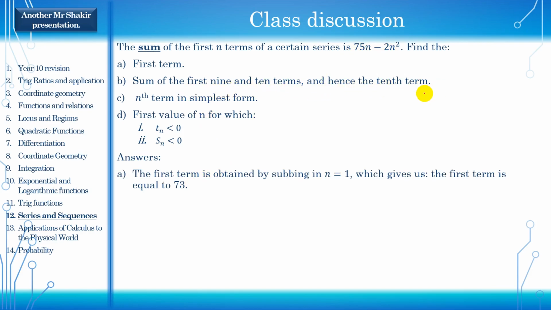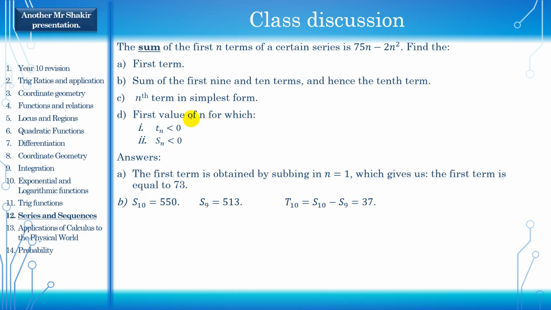This is where we use the formula we just learned. We sub in n is equal to 9 and n is equal to 10, and that will give us 550 and 513. Applying our formula, the 10th term is equal to sum of the first 10 terms minus sum of the first 9 terms. Subtract these two, 550 minus 513, you get 37.